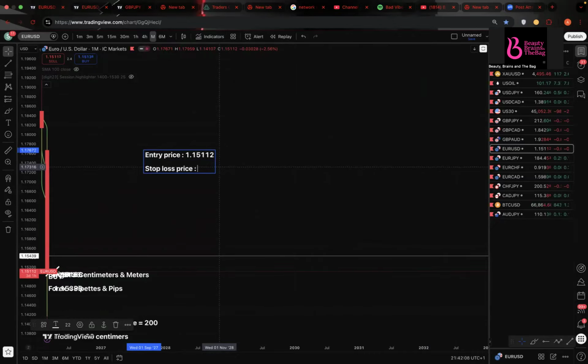Let's see. This is 1.151, no, 0.12. Yeah, 0.12. The distance between this and this is just the difference between both of them.